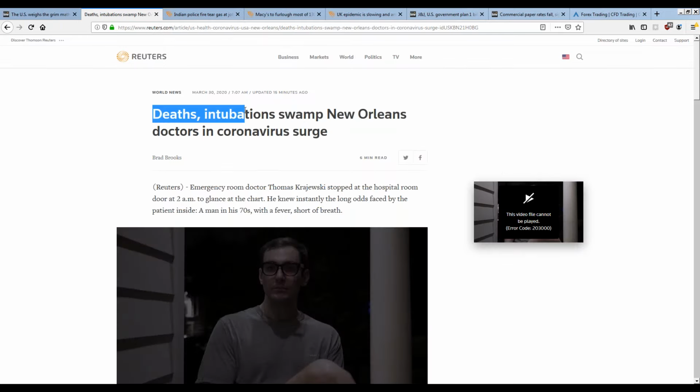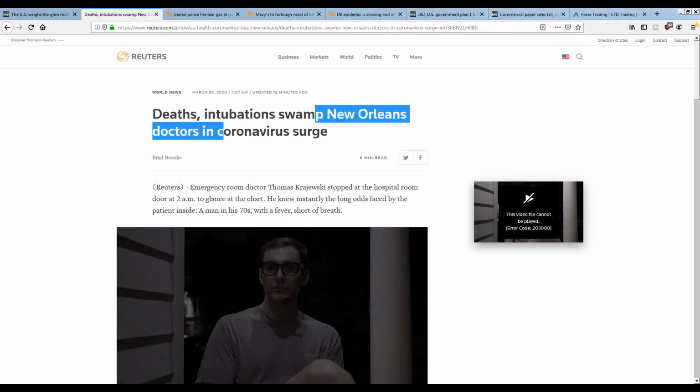Another doom and gloom headline: deaths, intubations, which is when they're putting tubes in people for breathing machines, swamped New Orleans doctors in coronavirus surge. Okay, same thing's happening in New York. Talk about a large, important city for economic activity. New York is getting locked down quite a bit.